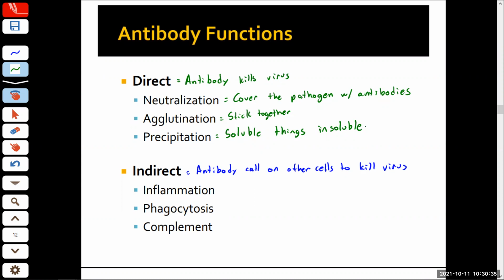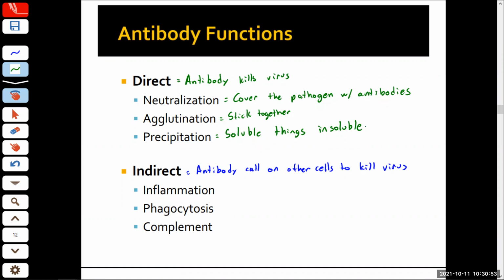Sometimes when an antibody lands on a virus, we can basically cause its RNA to solidify. It's like your GI tract turning to stone and then falling out of your butt. That's precipitation. Not really going to test you on that one.